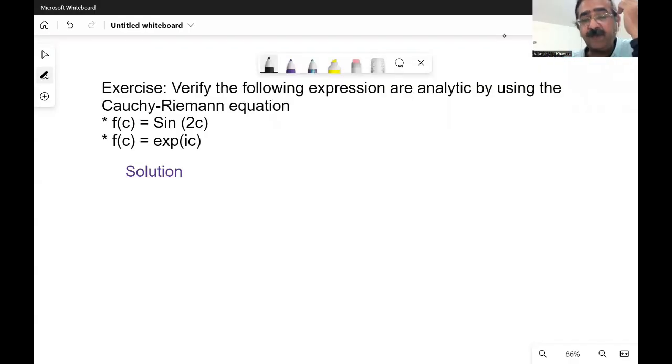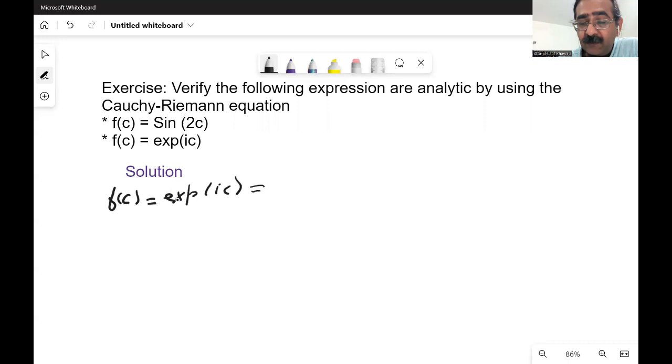Now the same procedure we will apply for the second exercise. Let's start. f(z) is equal to exponential of iz, where z is a complex number.